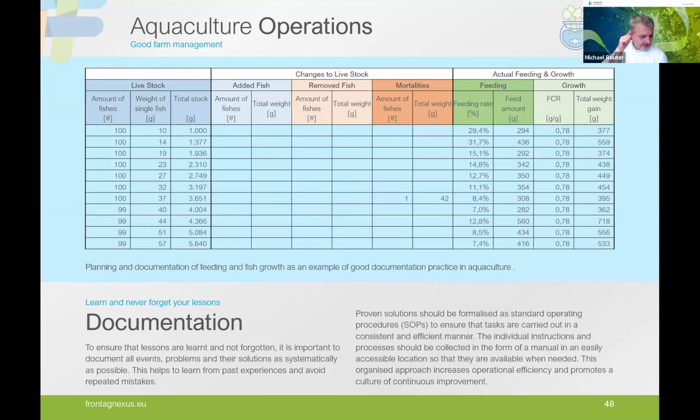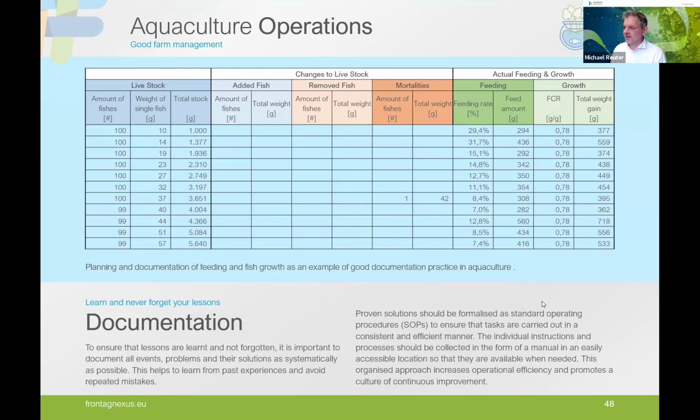And last but not least, we should also document everything that we observe in our system, or what we do to our system. So everything that is added to the system, whether it be chemicals or fish feed or whatever, should be noted in some kind of documentation. Here is an example for the documentation of the fish feeding, what is happening to the fish livestock, or the growth rates.